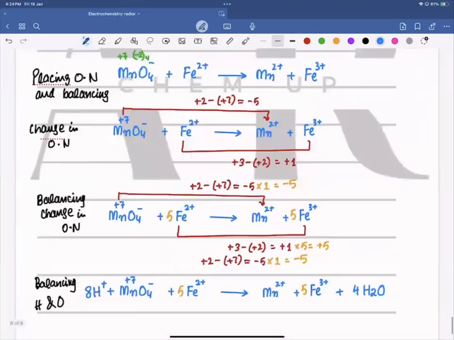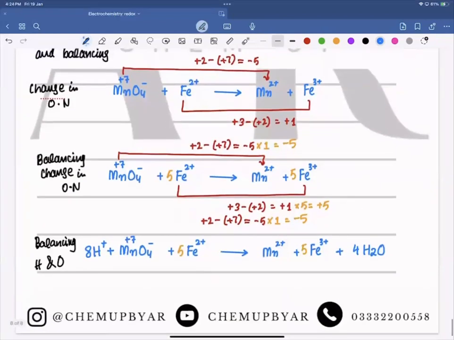Now the equation is balanced. Now I have to check whether my equation is balanced correctly or not. There are 8 hydrogen ions, each with +1, so the net charge is +8. What is the net charge of MnO4? -1.